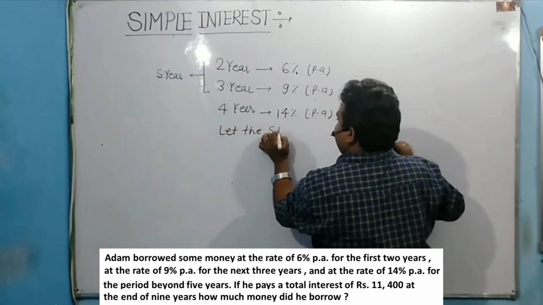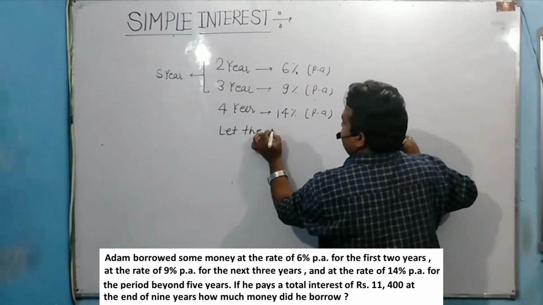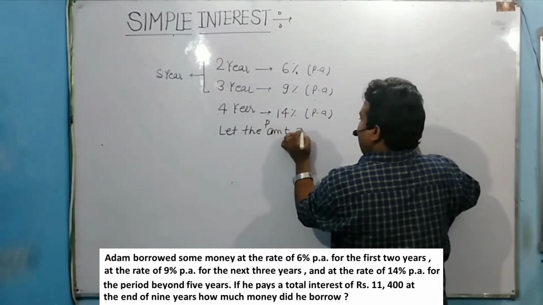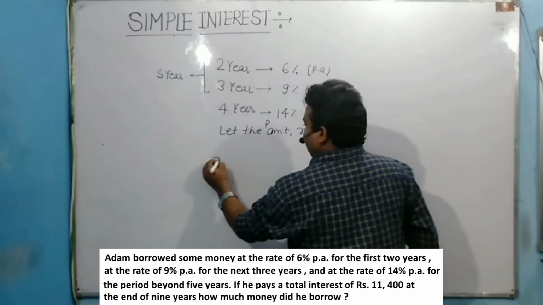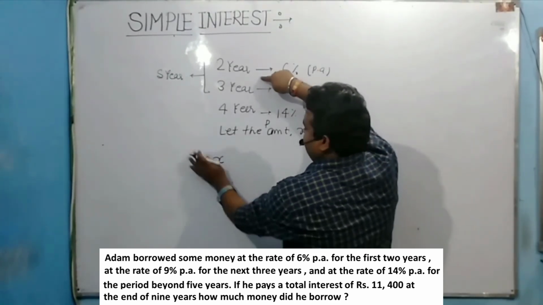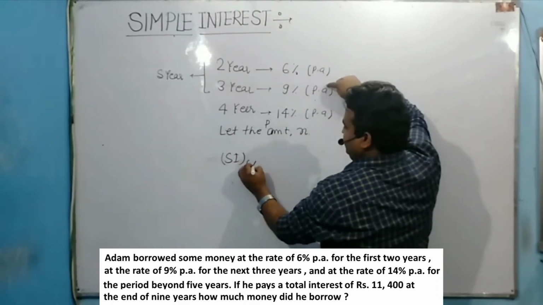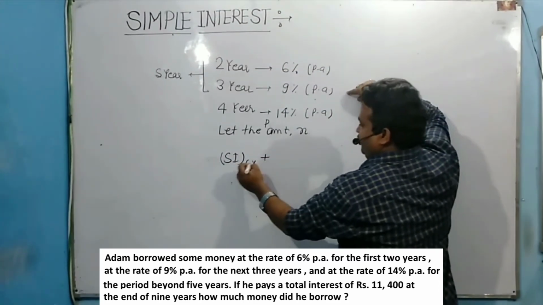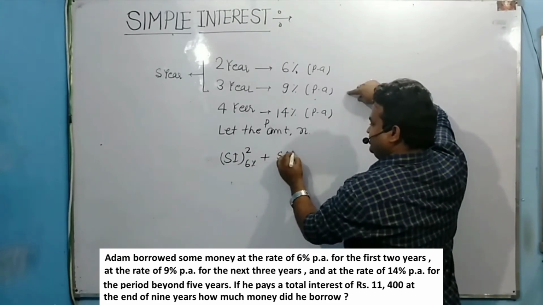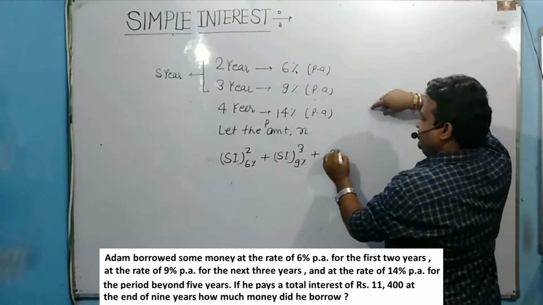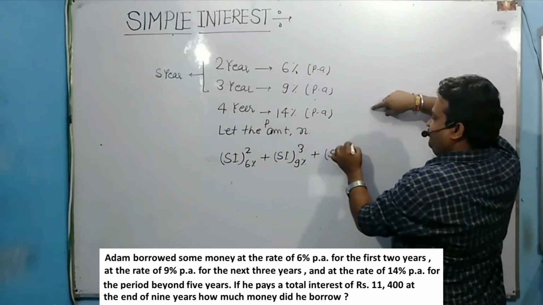Now let the principal amount be x, you need to calculate the principal amount. Now for the first 2 years, what is your simple interest? So simple interest at a rate of 6% for 2 years, plus simple interest at a rate of 9% for 3 years, plus simple interest at a rate of 14% for 4 years.